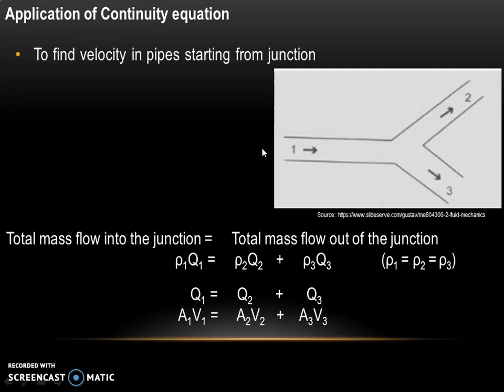The total mass flow into the junction will be equal to total mass flow out of the junction. The mass flow into the junction will be M1, which will be ρ1 Q1, that is equal to ρ2 Q2 plus ρ3 Q3.